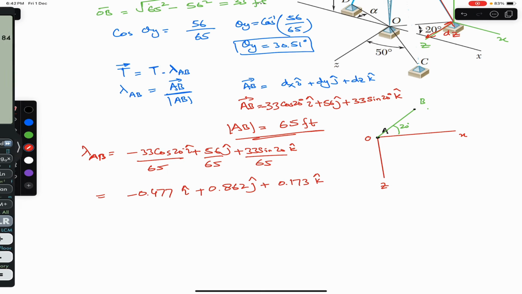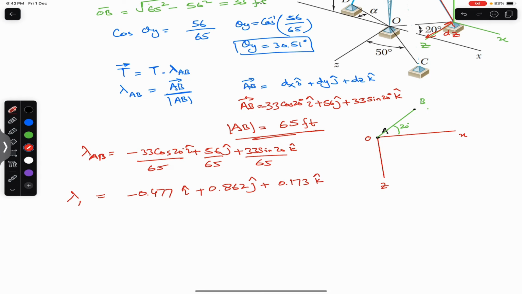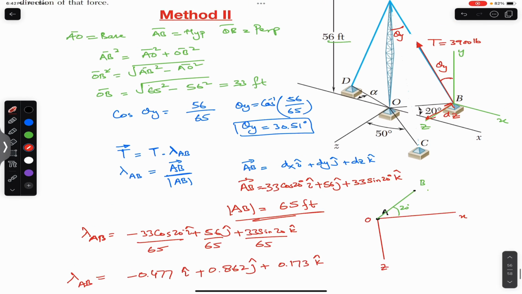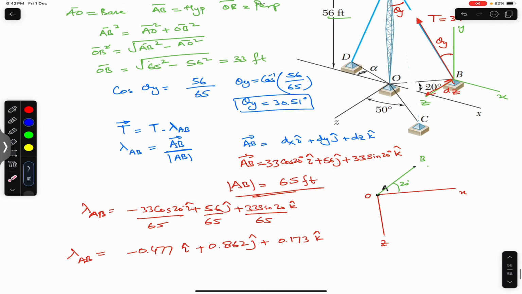So now this is the unit vector from B to A, right? This is not AB, this is the position vector from B to A. Let me correct this.